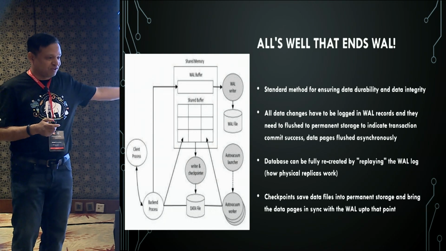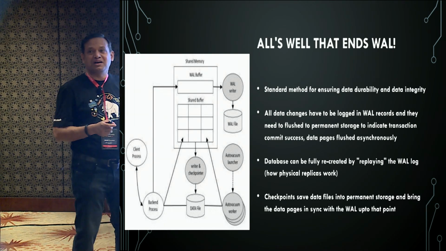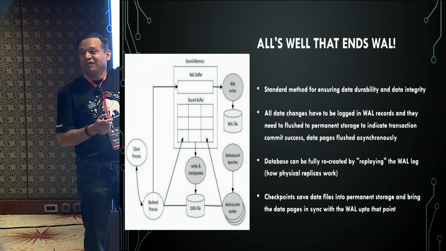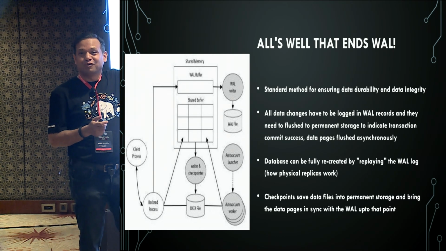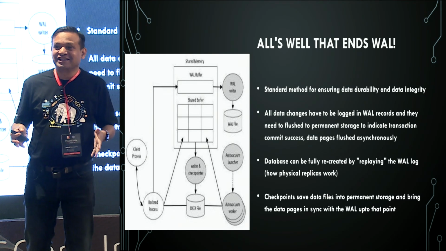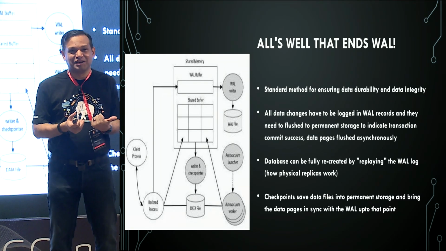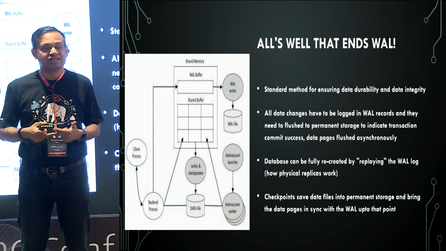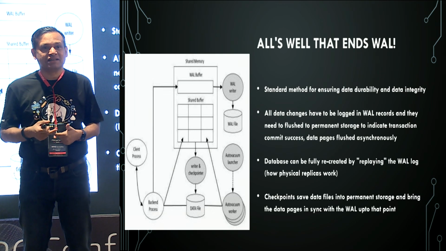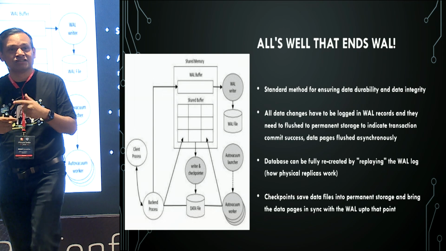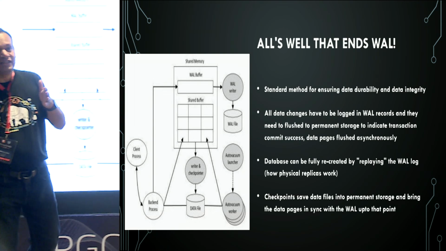So obviously, a quick refresher about how things work in Postgres. All's well that ends in the WAL. In any traditional database implementation, whenever you do a transaction which makes modifications in the database, a corresponding WAL record is generated which contains the changes truthfully.